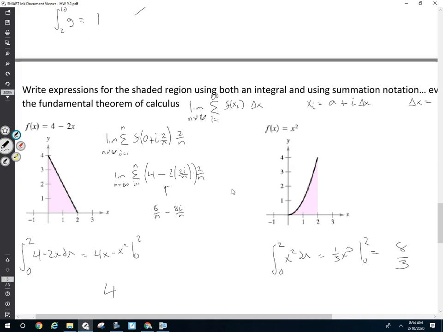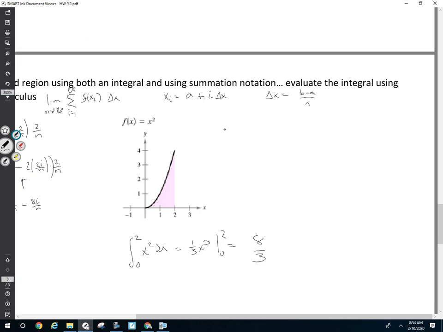Yeah, maybe not. All right, here, limit as n approaches infinity, sum i starting from 1 going to n, f of x sub i. x sub i in this situation is 0 plus i delta x. So 0 plus i is i.